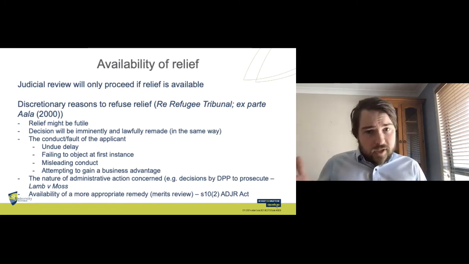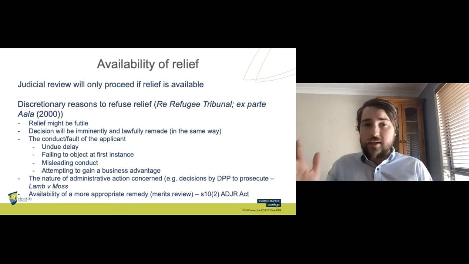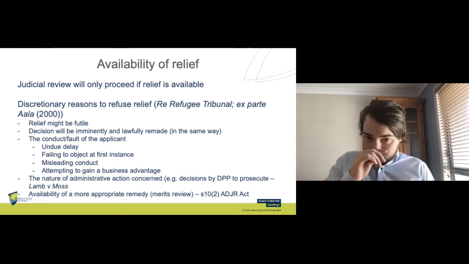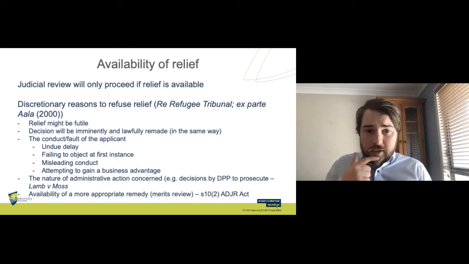Most of the time we would expect that relief will be available, and so that won't be an issue, and we move almost straight into the question of, well, what relief are we going to get? But the court does have discretion to refuse relief, and they might do so for a range of reasons. The first would be if relief would be futile.